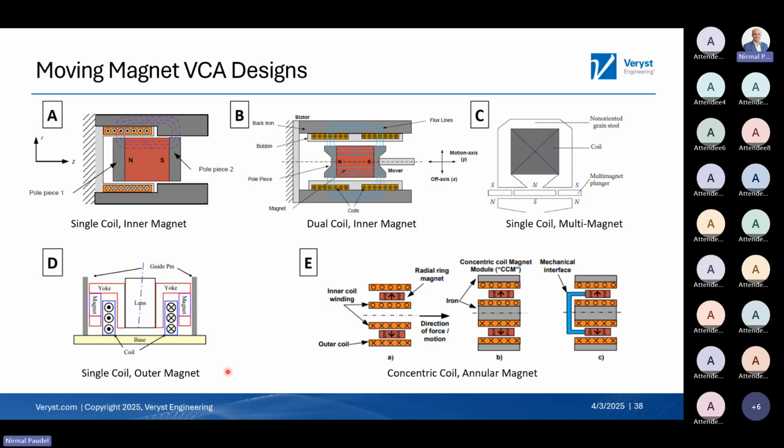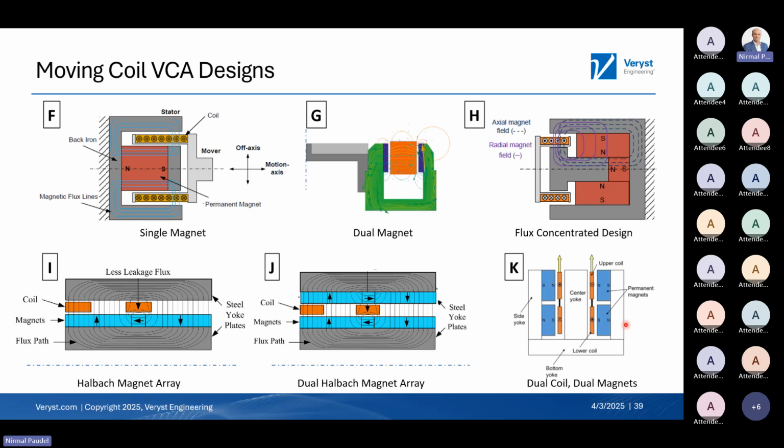This is one of the examples for camera lens zooming. In another example, you can have multiple coils, not linearly arranged, but concentrically arranged, and many other combinations. So it looks like it's kind of an art of designing. There are different options to choose from and optimize.